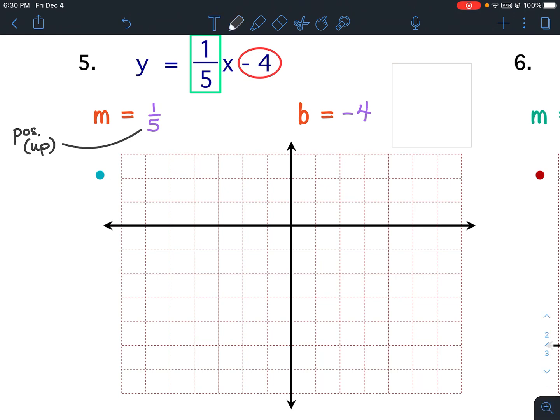And then just put start here. I think by now you know that it's on the y-axis. It's called the y-intercept because that's where we start on the y-axis.